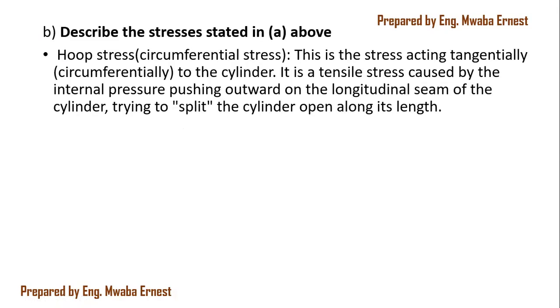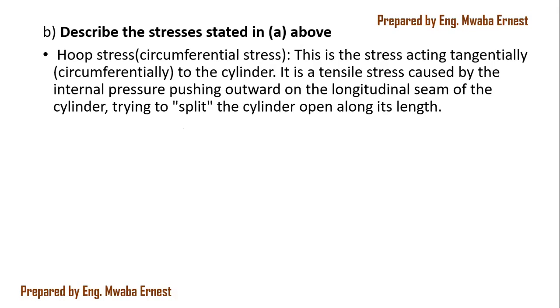Now, part B is a continuation. It says, describe the stresses we've just talked about in part A. We're required now to describe them. So start with hoop stress, the circumferential one.